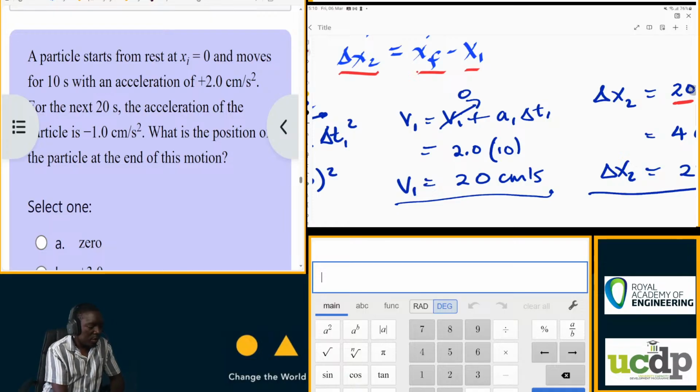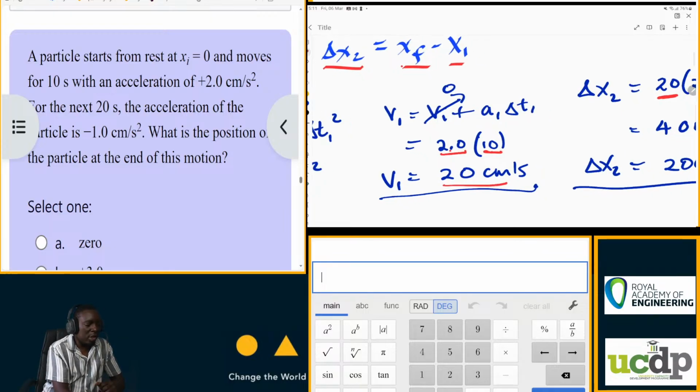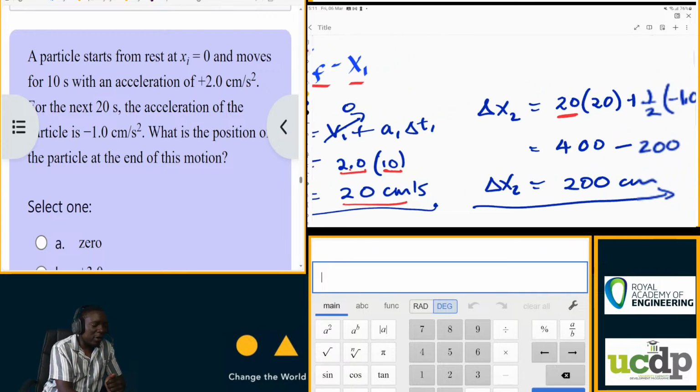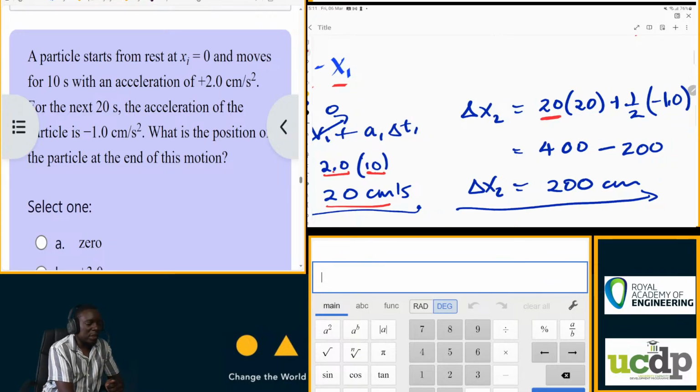Since initial velocity is 0, it's just the product of the acceleration times the time, which is 2 centimeters per square second for 10 seconds, and it gives us 20 centimeters per second. So now we found the velocity when it finishes the first 100 centimeters. And that's the velocity that we use here, because it's the initial velocity of the deceleration.